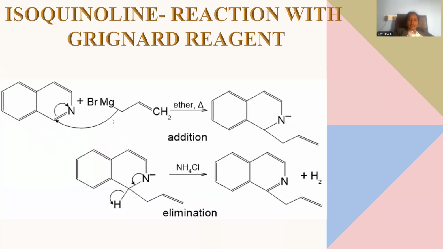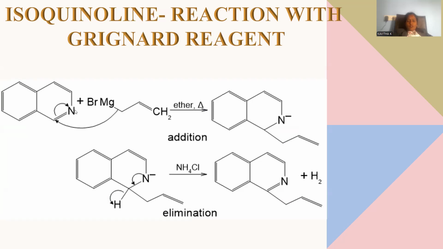A Grignard reagent is a kind of organometallic compound. I'm taking allyl magnesium bromide. Allyl magnesium bromide is a Grignard reagent applied over this isoquinoline in ether solvent, and on raising the temperature, it is able to delocalize the pi electrons towards the nitrogen.